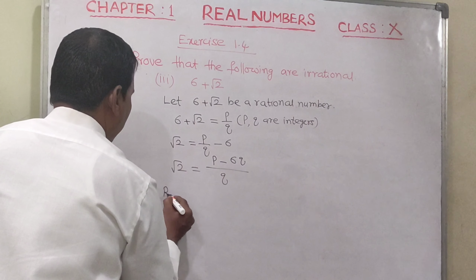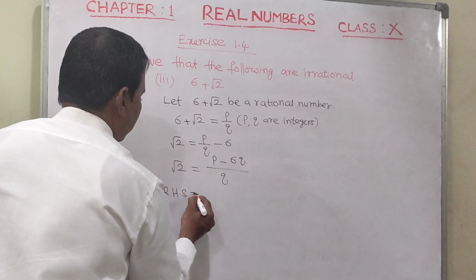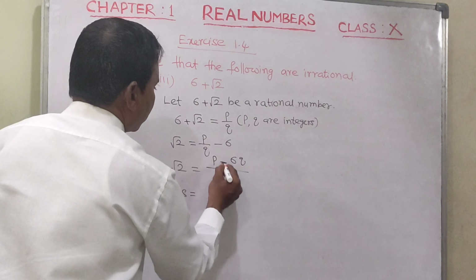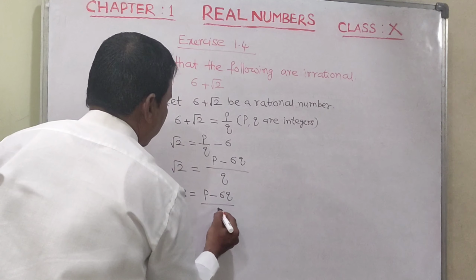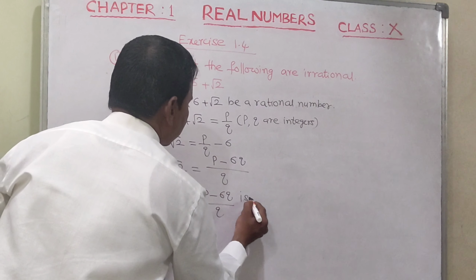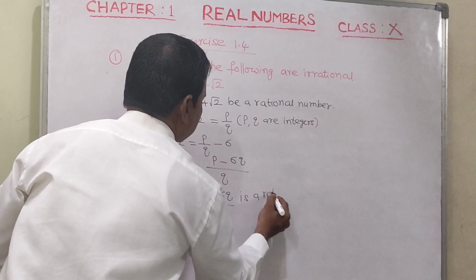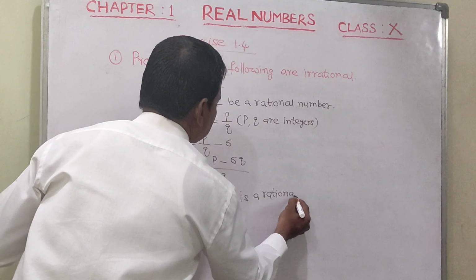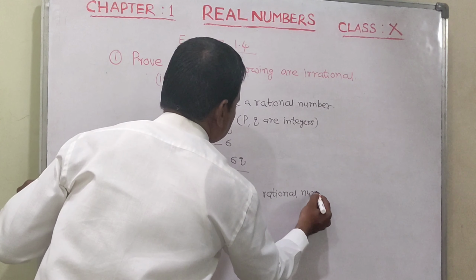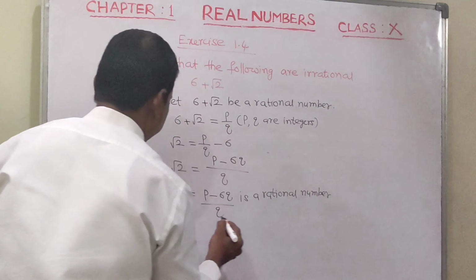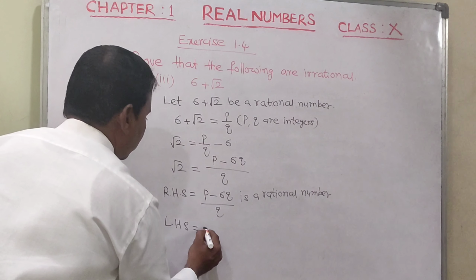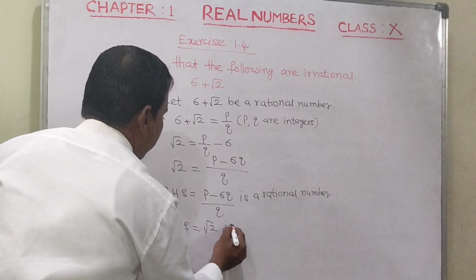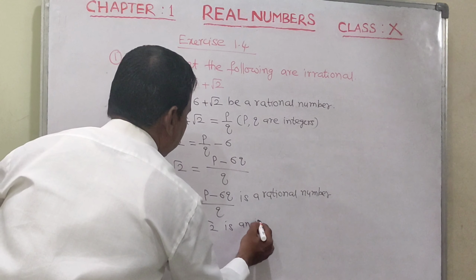If you see the RHS part, we have the p by q form. (p minus 6q) by q represents a rational number. On the LHS part, root 2 represents an irrational number.